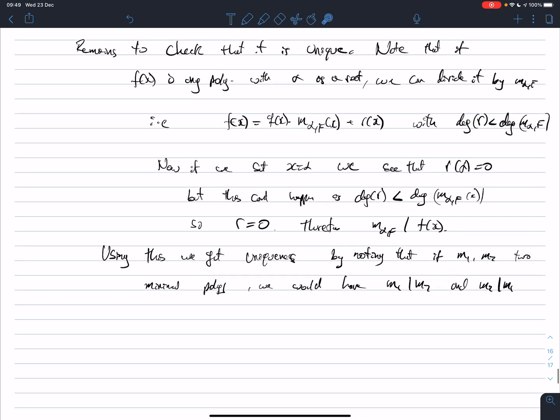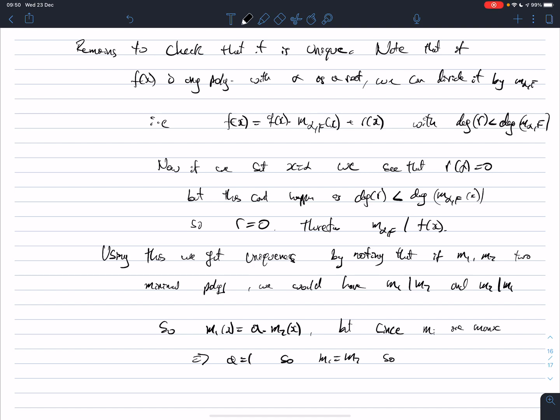Just the same proof that I've done here. So you get m1 of x would have to equal, say, some constant a times m2 of x. But now, remember that my minimal polynomials are meant to be monic. So I can't multiply by just any constant. The only constant I'm allowed to multiply through is by 1. But since the mi are monic, because that's what my irreducible minimal polynomial is defined to be, this implies that a equals 1, so m1 equals m2, so we are done.